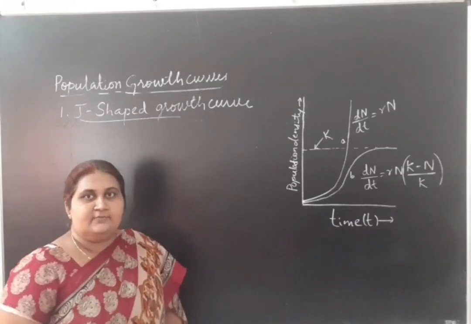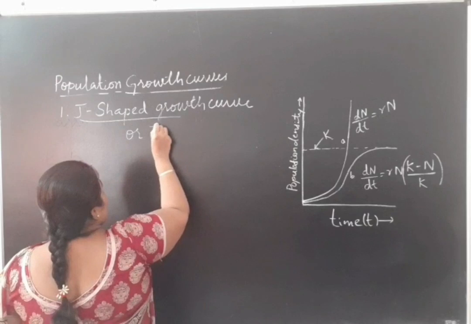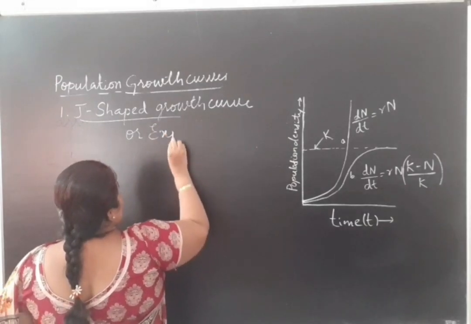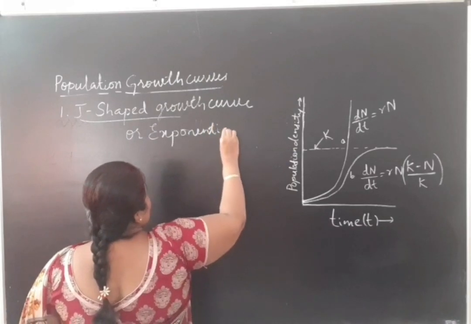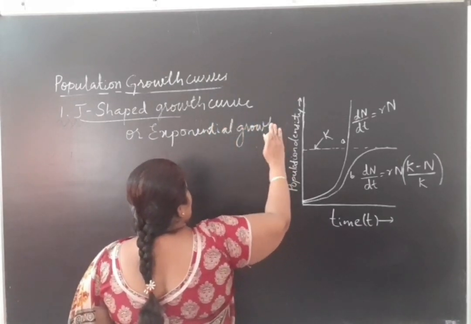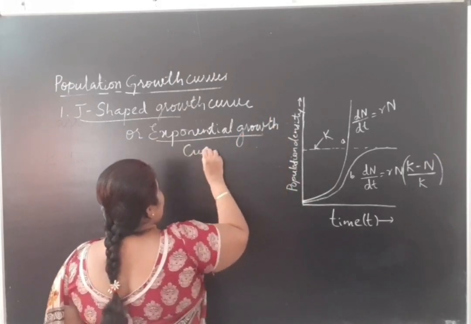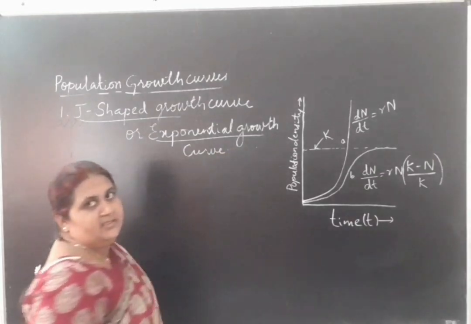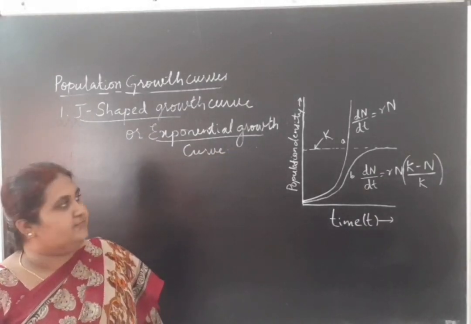The J-shaped growth curve is also known as the exponential growth curve.